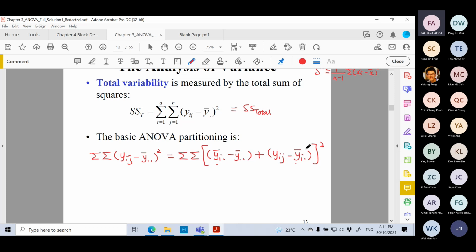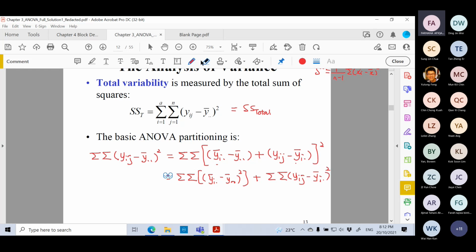So if you expand the bracket here, then you should get the double summation. Of course, you have a first term. The first term should be this one. I will directly put it as yi dot minus... Okay, the first term will be squared. Okay, the second term also is a square.